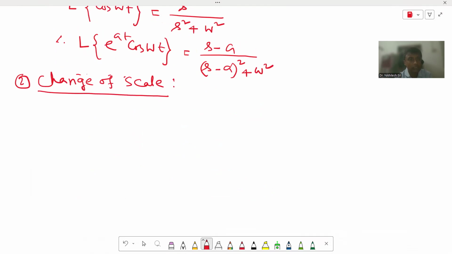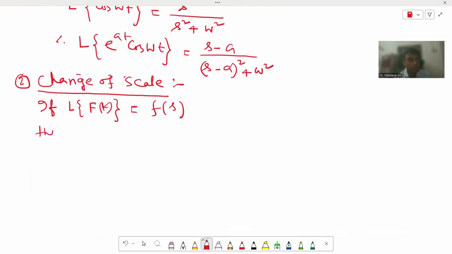So what is change of scale? If L of f(t) is equal to F(s), then how can we change the scale? Either it will be multiplied by some constant or it will be divided by some constant.